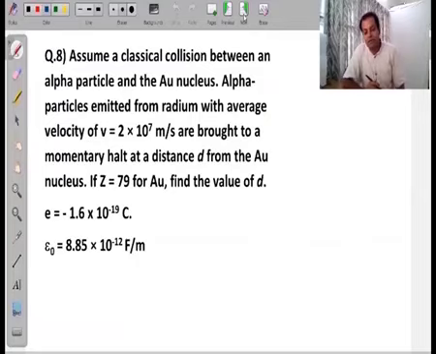And we are given the charge of the electron, and the permittivity value of free space. Before we imagine the solution, I would like to comment that this is very much a classical solution. It's not a quantum mechanical scattering problem, which would be a more exact way of doing this. Nevertheless, we will proceed with this simple version.